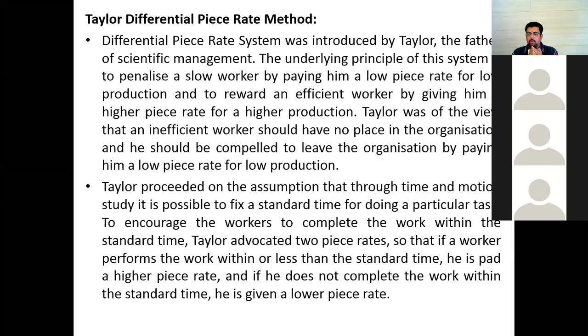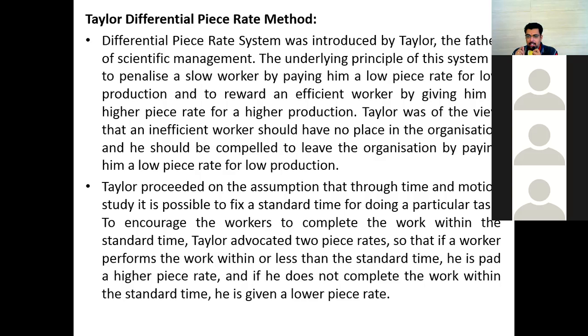Here, employees are differentiated by the management that implements this method. One who works more will get extra benefit from the organization. One whose performance is not good, whose production is less, will get less as compared to efficient workers.